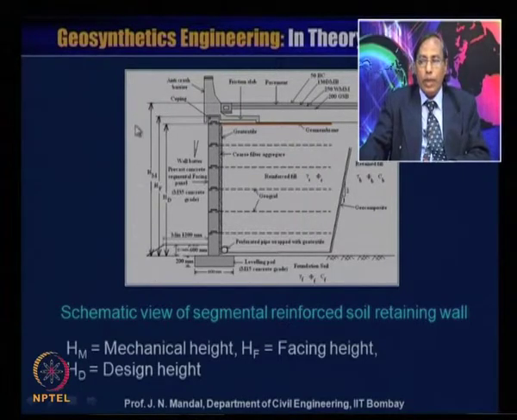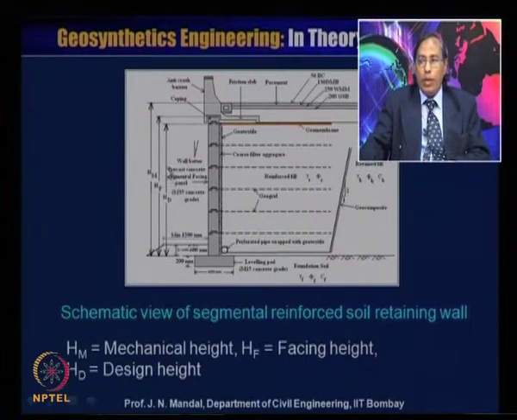So the height of the design is from this up to this, that's why we say it is the design height. And also when we use the block, then it requires a certain kind of wall batter. You cannot construct absolutely vertically, you can make some kind of wall batter.